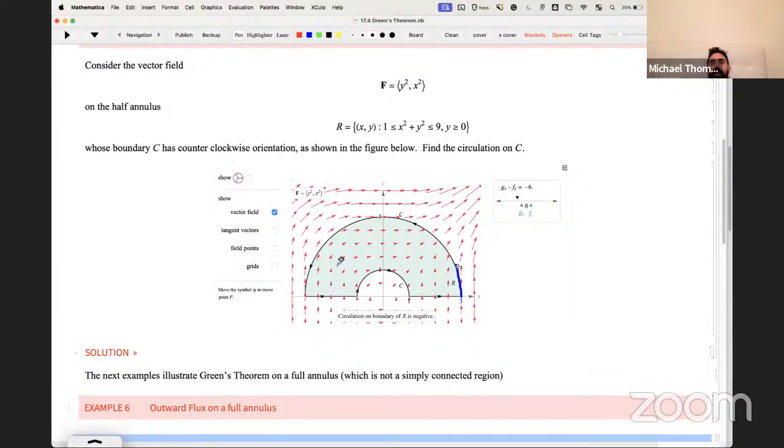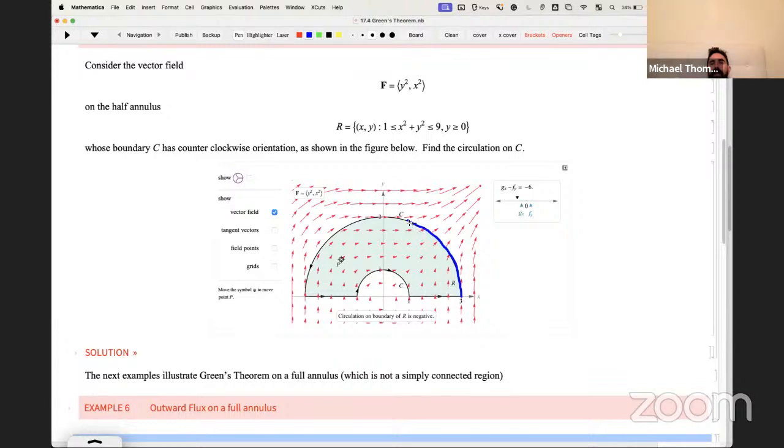Positive, still positive. And right about there, it goes 90 degrees, so I'd say there's no contribution right there. Is that fair to say? Okay, and remember, we're doing circulation, not flux. Now, if I keep moving, we have a negative contribution to the circulation.